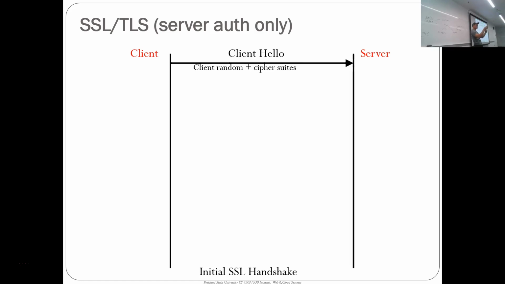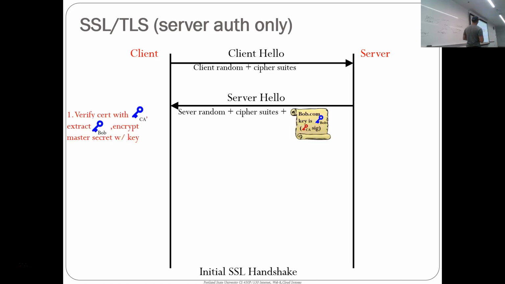Just like we just did with PGP, we have to do the exact same thing using TLS. Client hello: there's some random number and the cipher suites that the client supports. All of the symmetric encryption algorithms that the client supports are advertised, because they have to agree on a symmetric key algorithm to use, not only the key, but the actual algorithm as well.